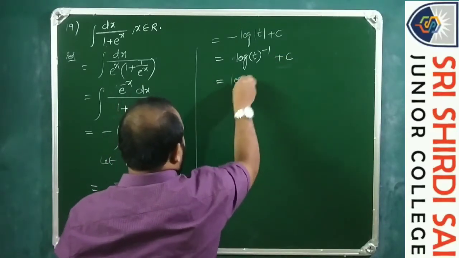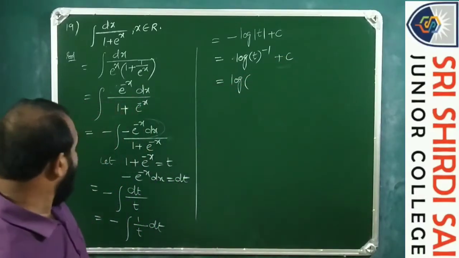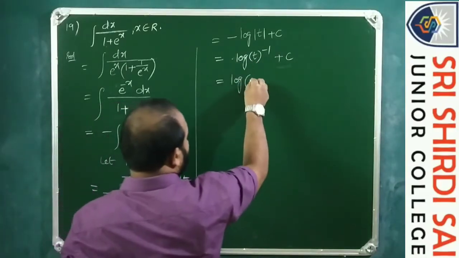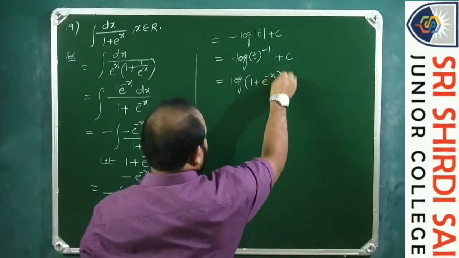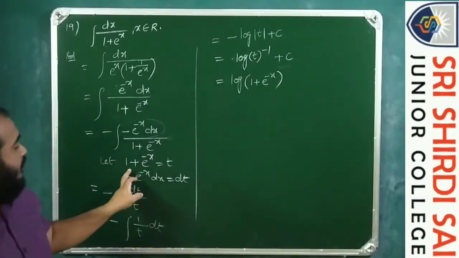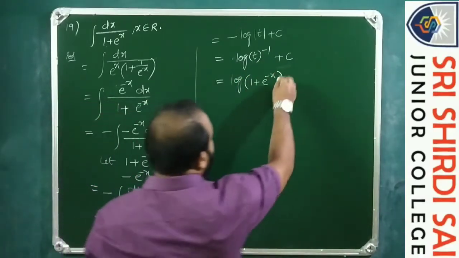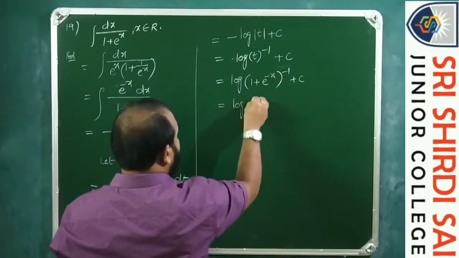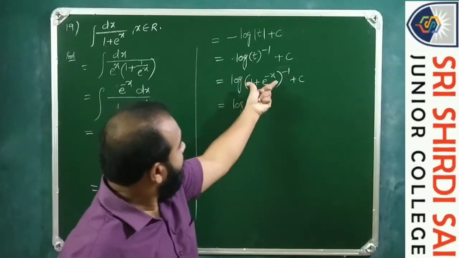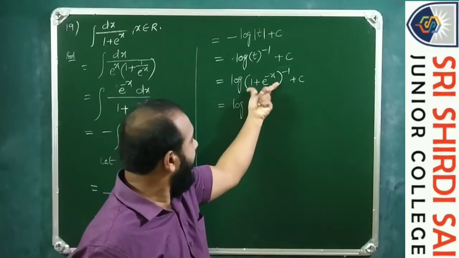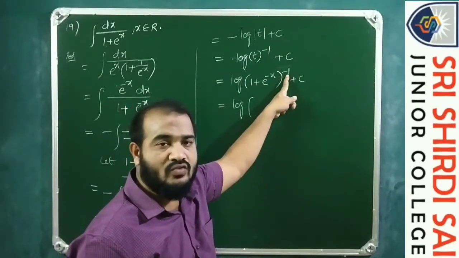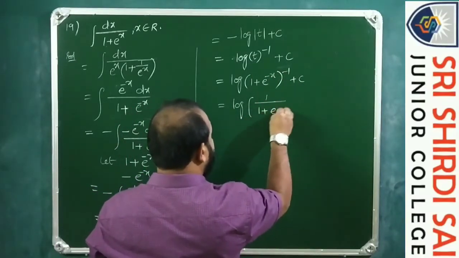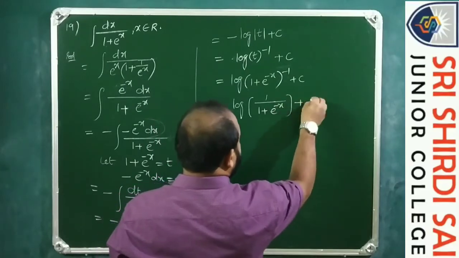So this is log, where the value of t is 1 plus e power minus x. So t is to be replaced as 1 plus e power minus x, inverse, plus c. Let us suppose this to be a power minus 1. A power minus 1 is 1 by a. So this is log 1 by 1 plus e power minus x, plus c.